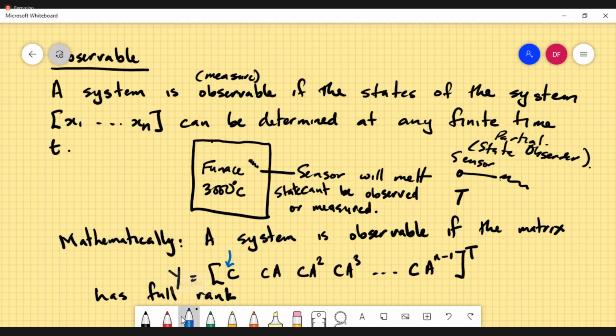So if C is your output matrix, then what we are saying is that your output times your system, when you put them together, you're supposed to get a solution for each of the x1, x2, x3, x4, x5, and so forth that are in your system. So you can calculate the value for each state.